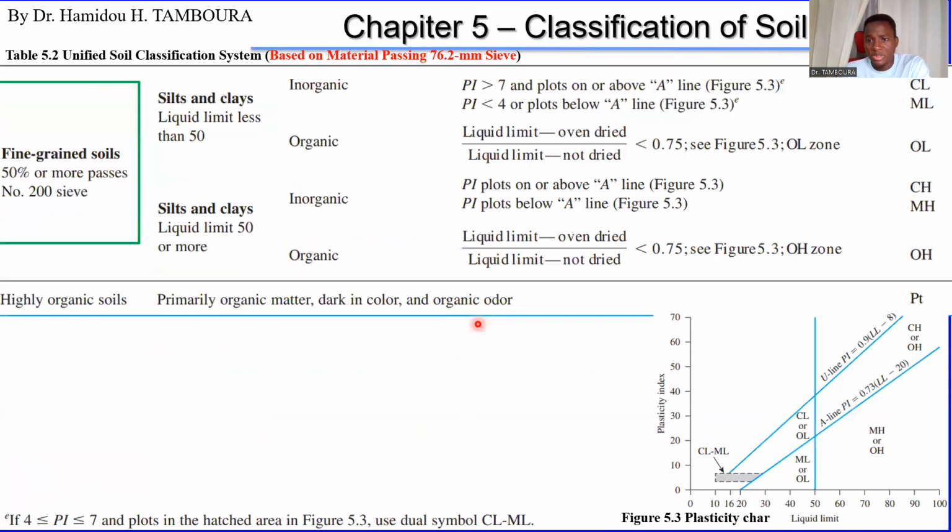Now let's talk about the second part of this chart. The green one. Maybe now this one we try to go faster. So this means the amount of soil passing the sieve number 200 is more than 50%.